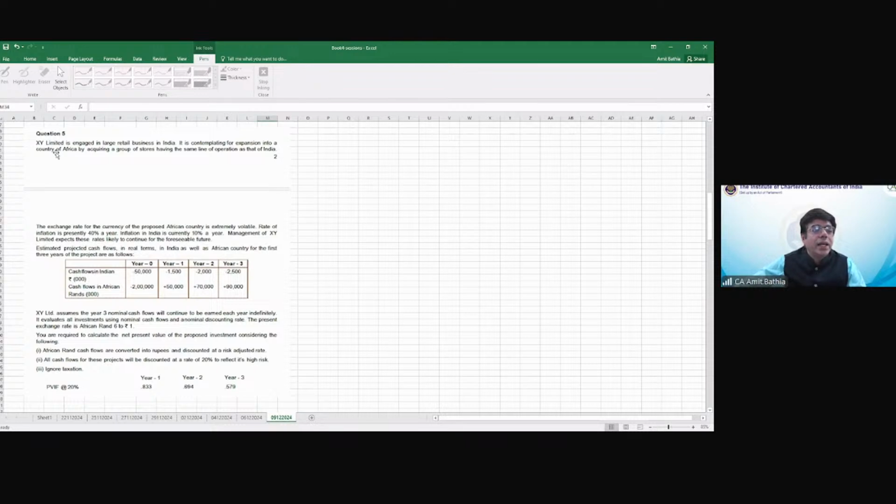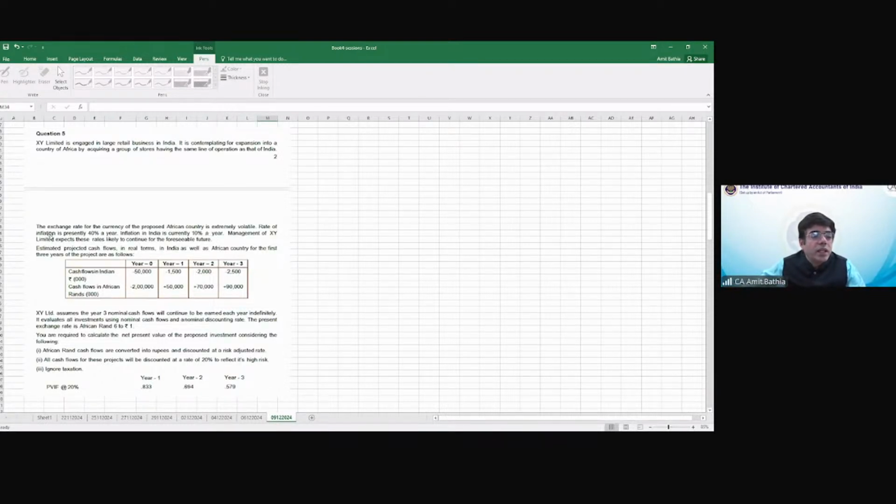XY Limited is engaged in large retail business in India. It is contemplating expansion into a country of Africa by acquiring a group of stores having the same line of operation as that of India. The exchange rate for the currency of the proposed African country is extremely volatile.